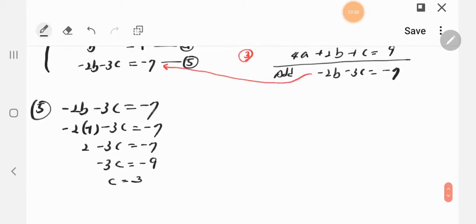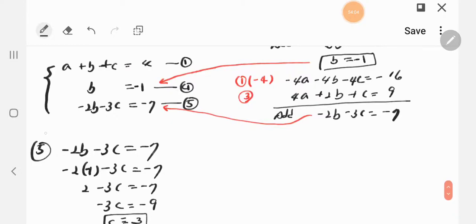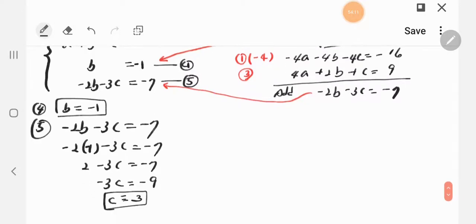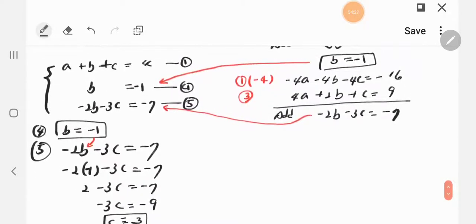3. So we found the c value. From the fourth equation, b is equal to negative 1, right? So we replace this b in the fifth equation, and we got the c value. Now let's find the a value from equation 1: a plus b plus c equals 4.